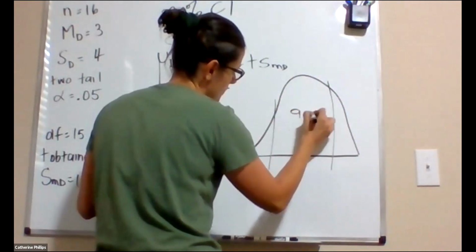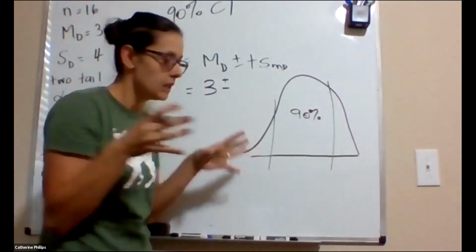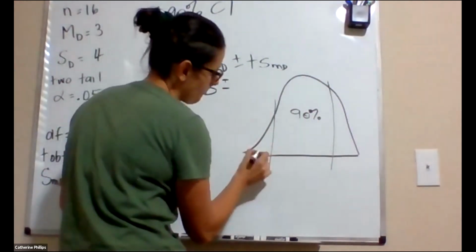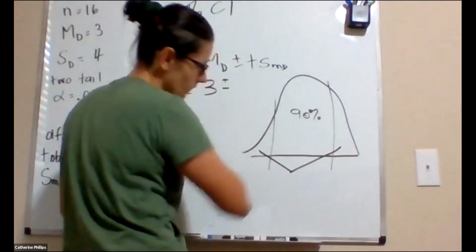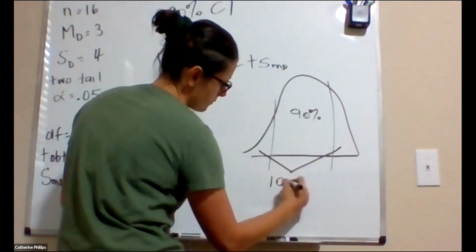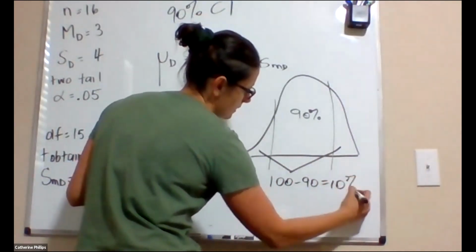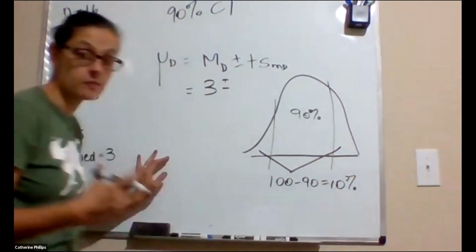We want 90% in the middle. We want our confidence interval to be 90%. The whole area under the curve adds up to 100. So 100 minus 90 means that we've got 10% in the two tails combined together.